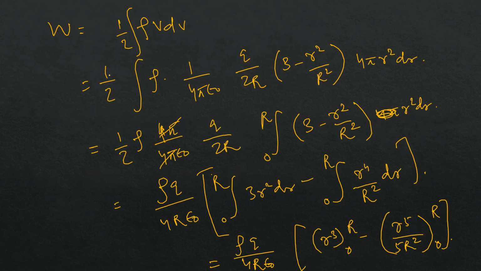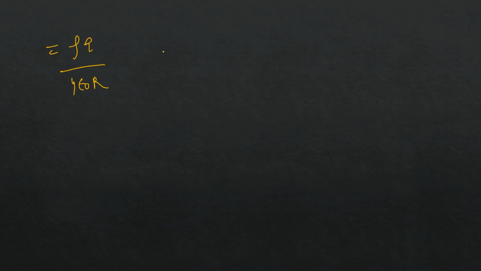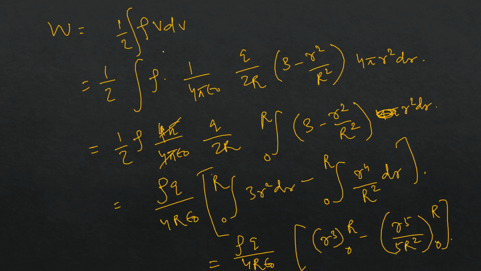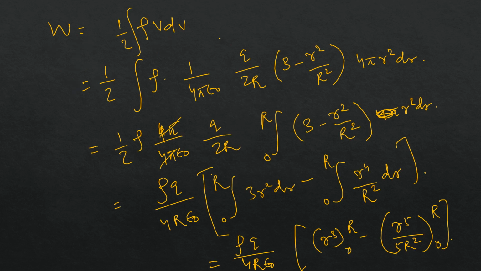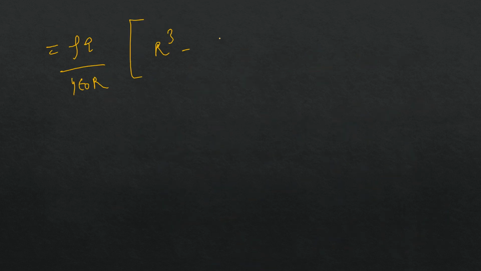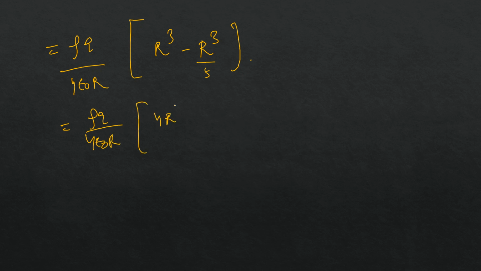So rho q by 4 epsilon naught r, this is r cube minus r cube by 5. Isn't that right? So rho q by 4 epsilon naught r, 4 r cube by 5.